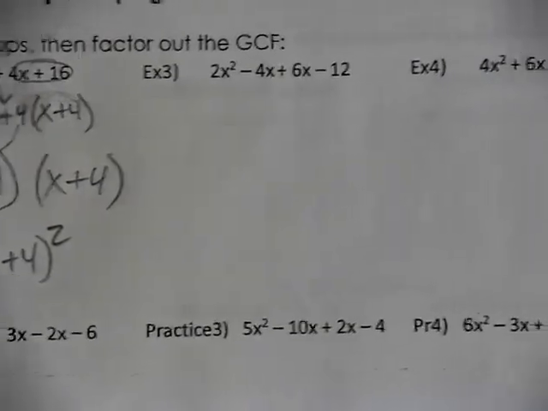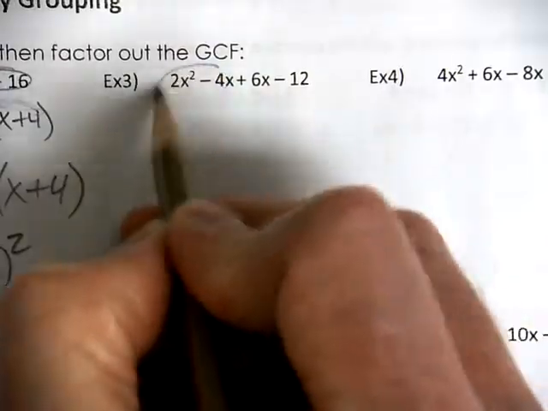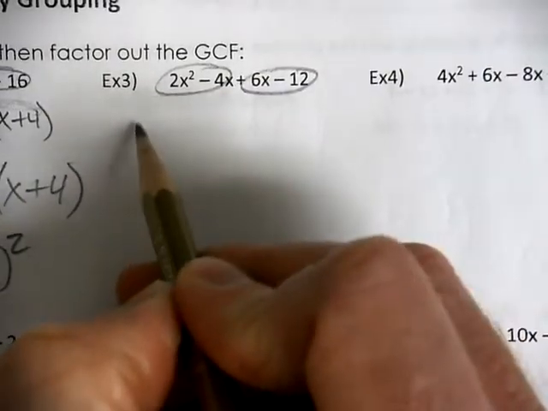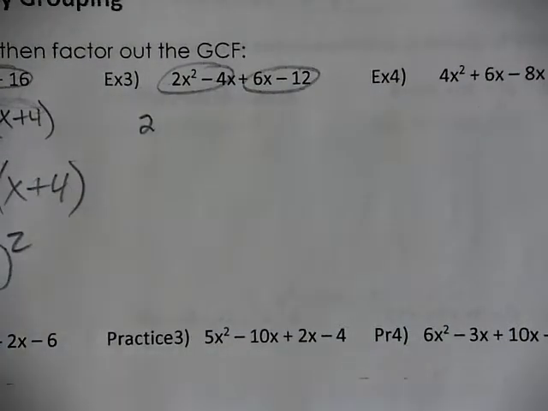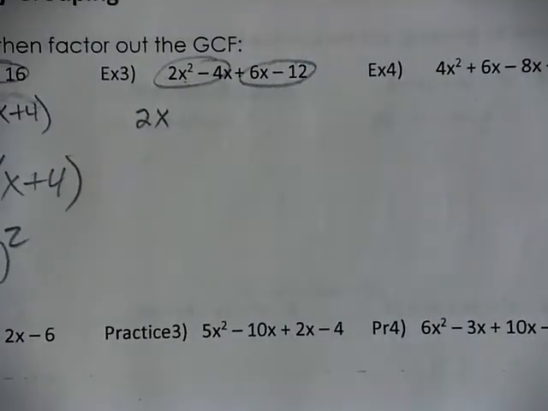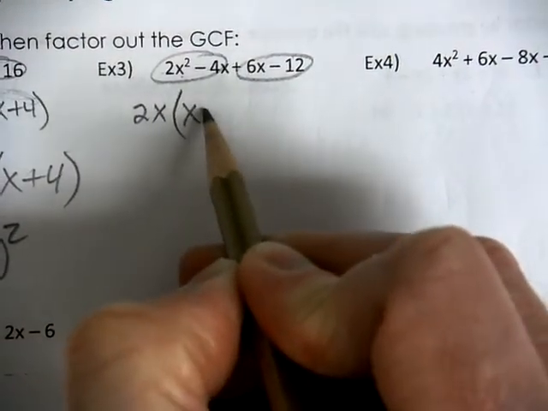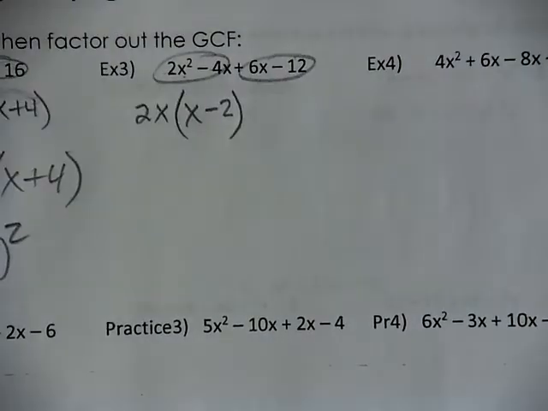So number 3, you should have an idea of how we're going to start this. I encourage you to try to get ahead, at least with your mind. Okay, next he's going to factor out something that he has in common. I notice that a 2 divides into 2 and 4. And they both have an x. So that's going to leave me an x minus a 2 left inside.